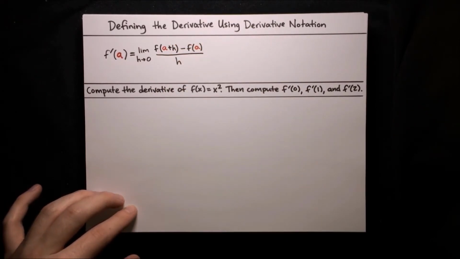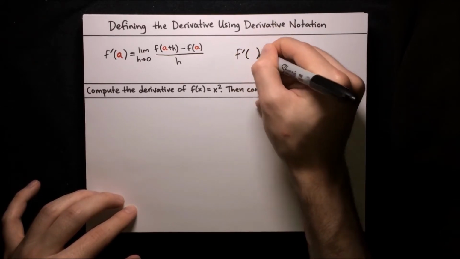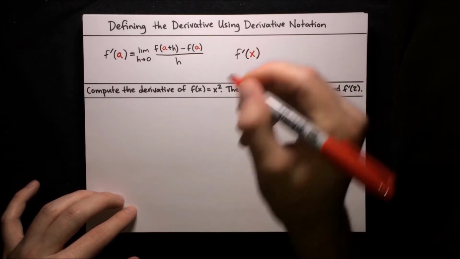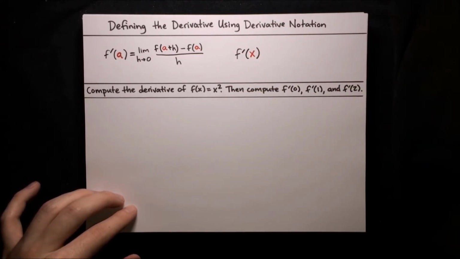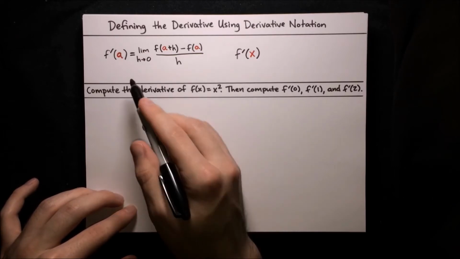But now we're going to learn how to compute f prime of x, the instantaneous rate of change of the function f of x for any general point x. This function, f prime of x, is called the derivative of f with respect to x. And the way we compute it is we just carry x through the same computations that we'd usually do. We just use x instead of a.